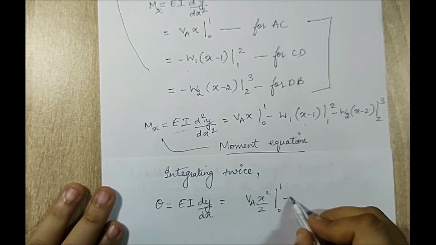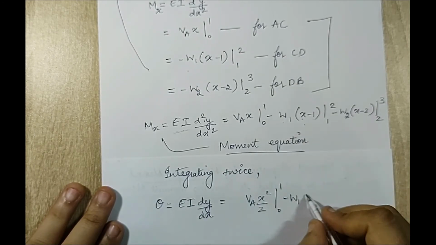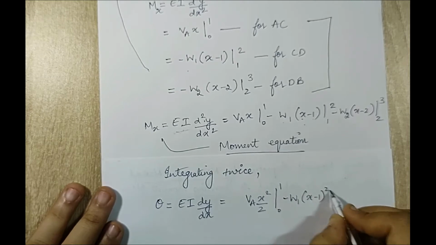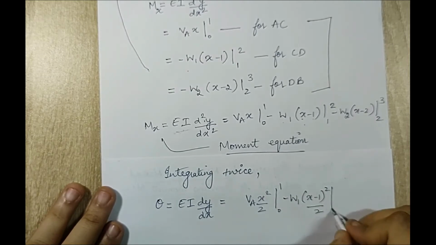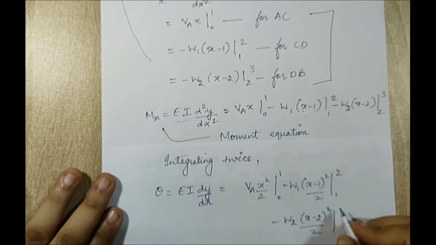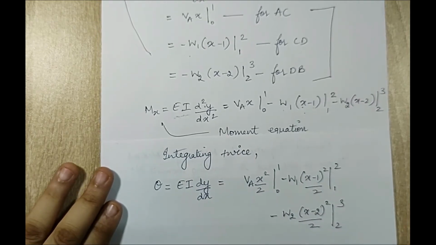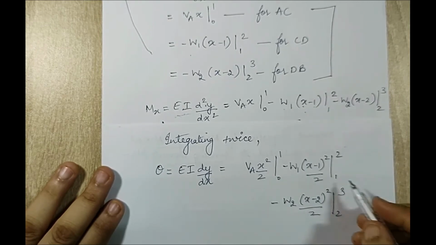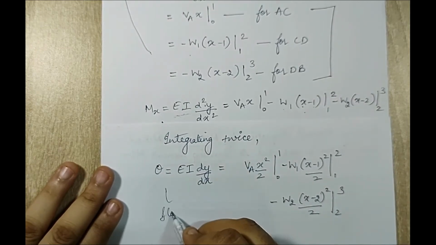Next, W1 is a constant term, so x minus 1 integration will be x minus 1 whole square by 2, substitute from 1 to 2, and finally the last term will be minus W2 into x minus 2 whole square by 2 from 2 to 3. So this is my second equation, which we call the slope equation.